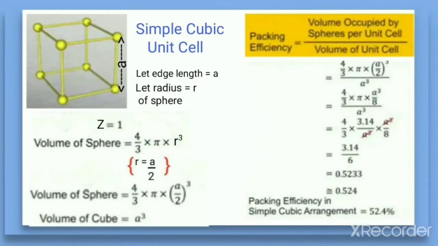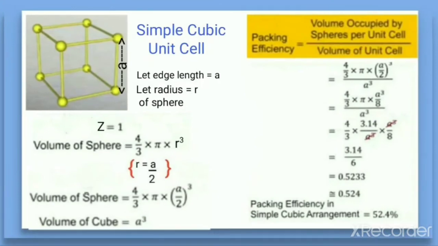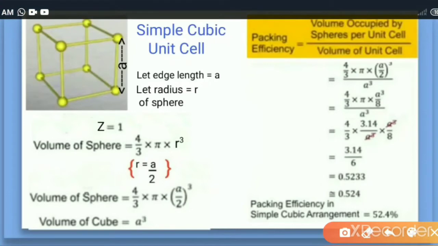First, let us discuss the simple cubic unit cell. Let us find out the packing efficiency in the simple cubic unit cell. As we discussed already, there are particles at the corners, but altogether they make only one particle. Therefore, Z is equal to 1, the number of particles is equal to 1.